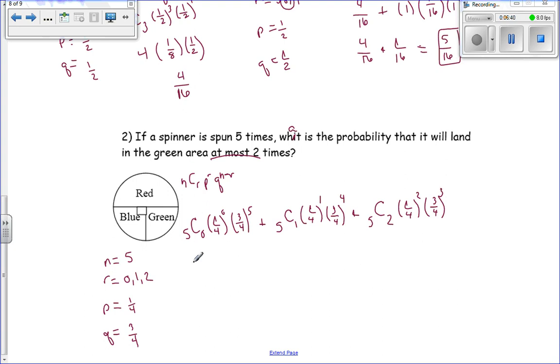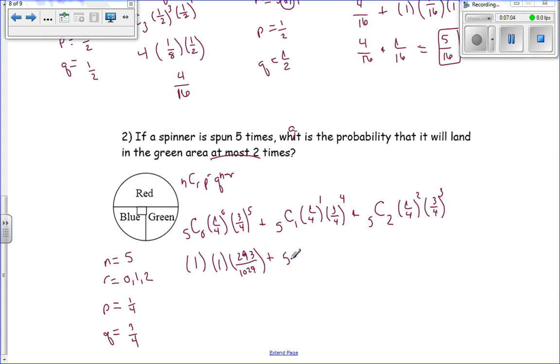Okay, going to the calculator, 5C0 is 1. Anything to the 0 power is 1. 3/4 to the 5th power is 3 to the 5th power, which is 243, over 4 to the 5th power, which is 1024.